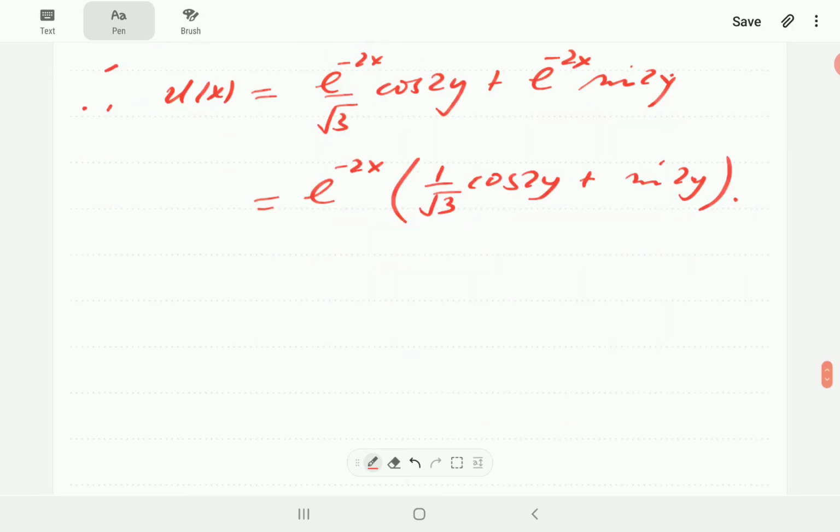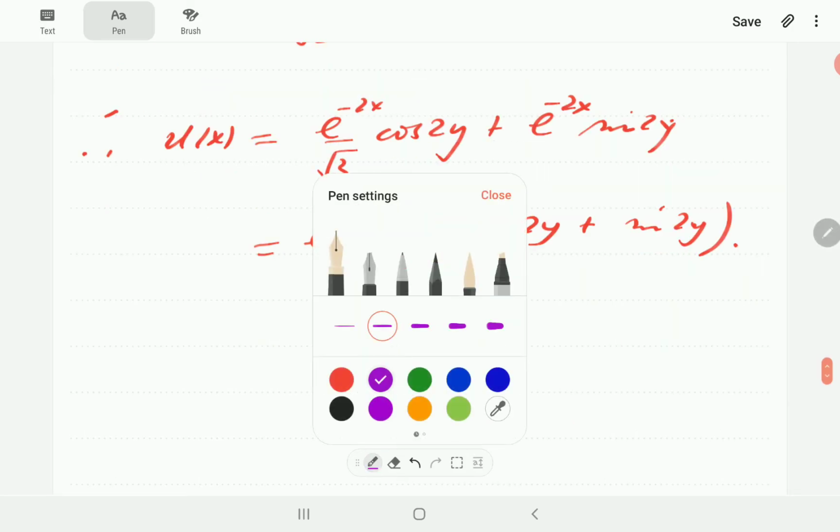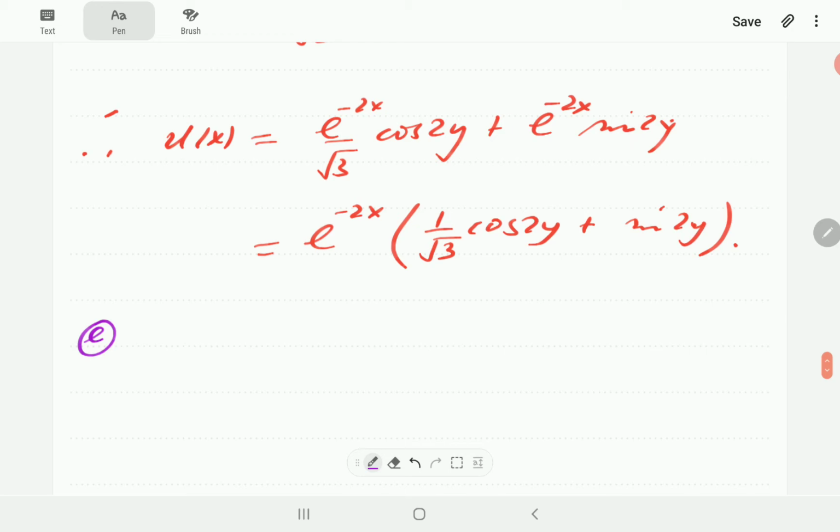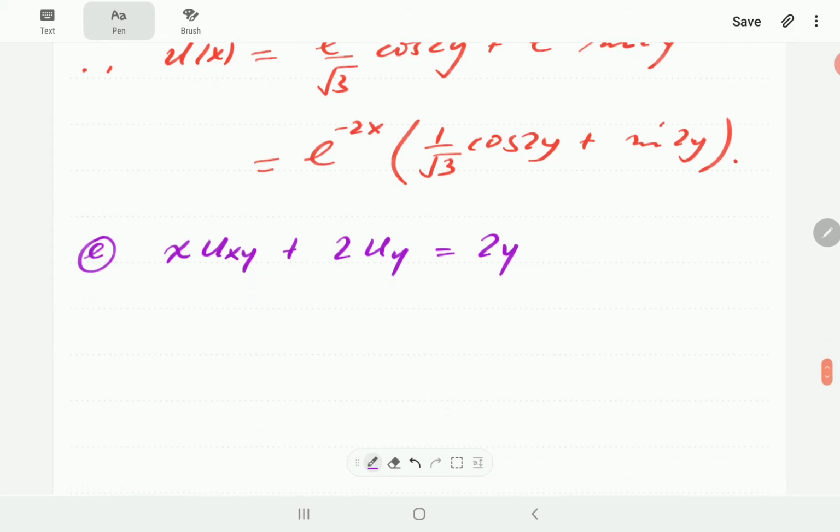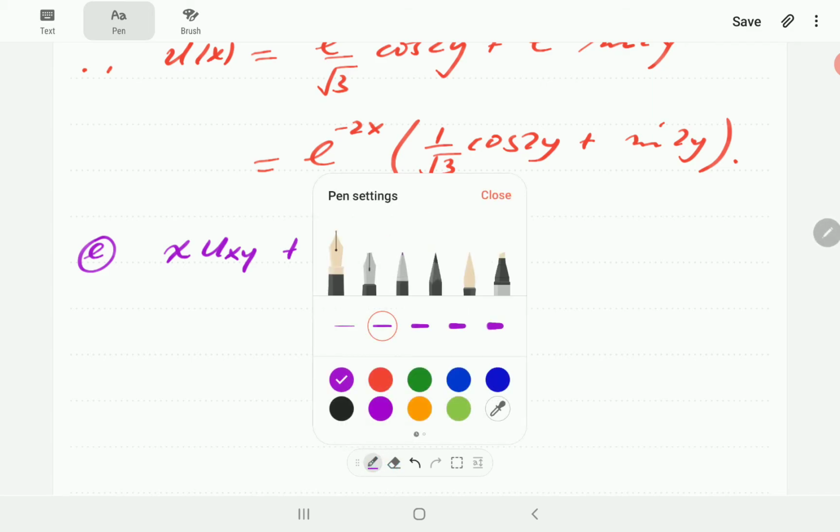Then we're going to go to e. In e, we have got x u_xy plus 2u_y is equal to 2y. Now this PDE here is such that the y derivative can be factorized.